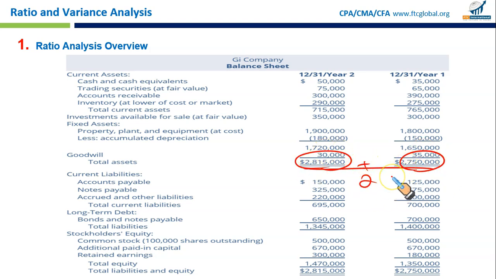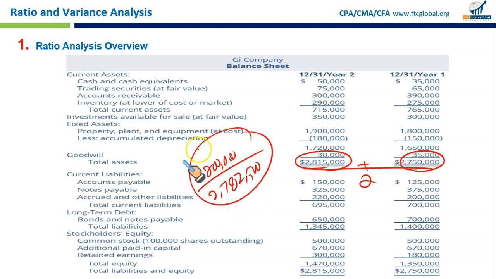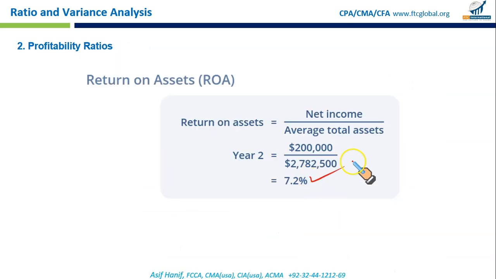If you take the average, the figure would be 2,782,500. This is the denominator, average assets, and in the numerator we have net income, which is $200,000. If you simplify, the result would be 7.2% for year 2. Again, we can't say it's good or bad. You need a comparator: last year, a competitor, or the industry average.